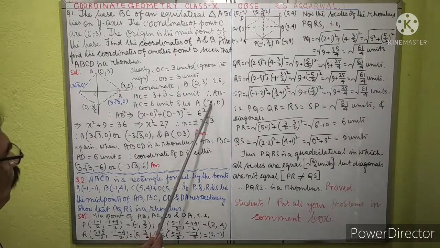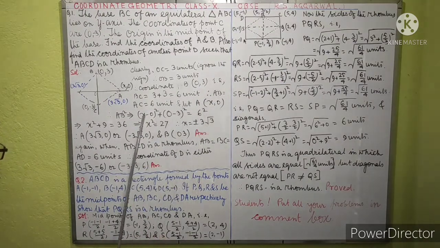Let A equal x, 0. Therefore AB square equals x minus 0 whole square plus 0 minus 3 whole square, according to the distance formula. That is 6 square. Therefore AB equals 6. And AB square equals x square plus 9, that is 36.